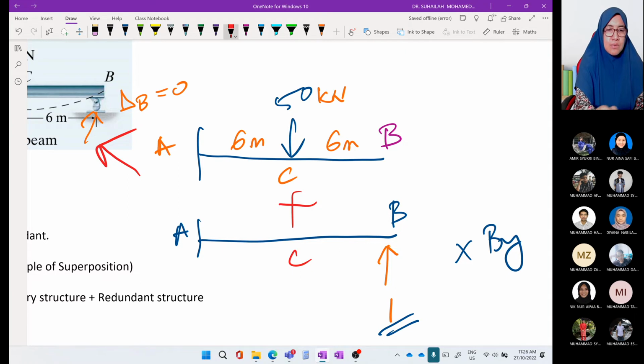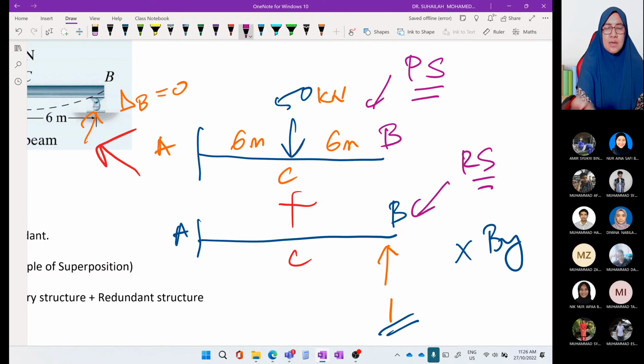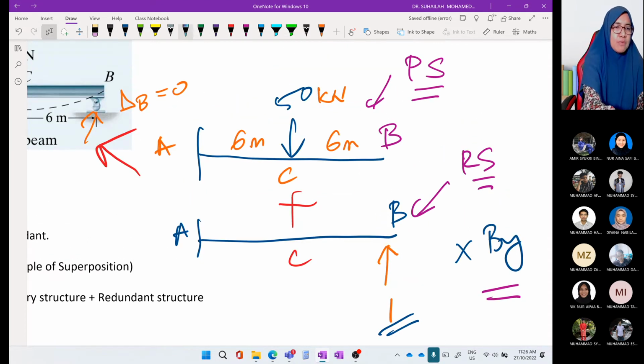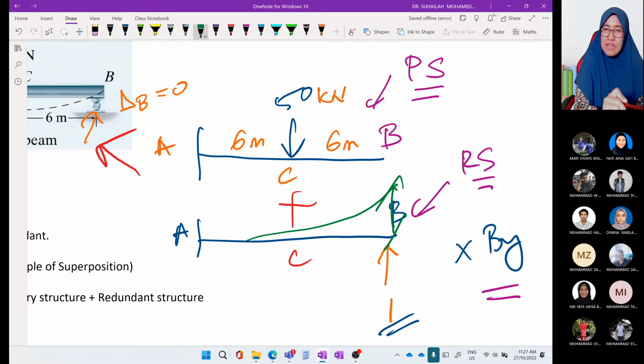This one is primary structure. Okay, this is redundant structure. Due to a unit value times By, we have to remove By. So the cantilever beam is subjected to a unit value of By. So actually FBB is this one. It is deflection due to a unit value of By. We call it FBB.